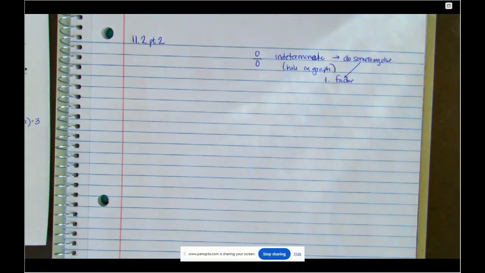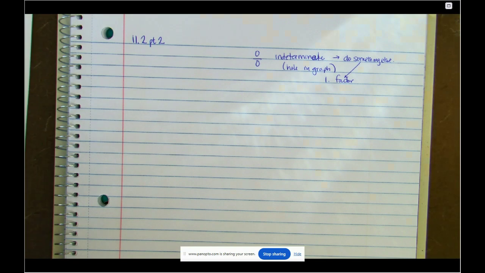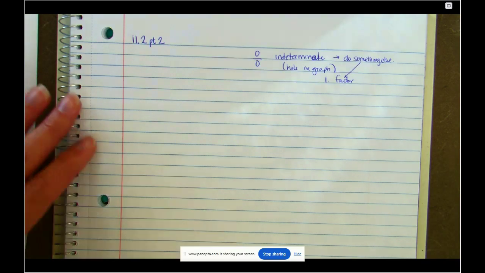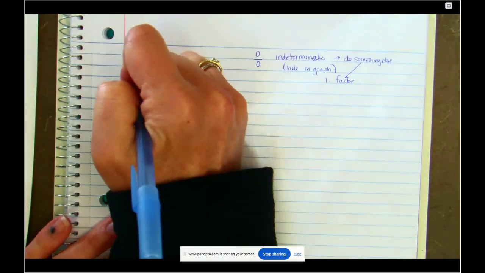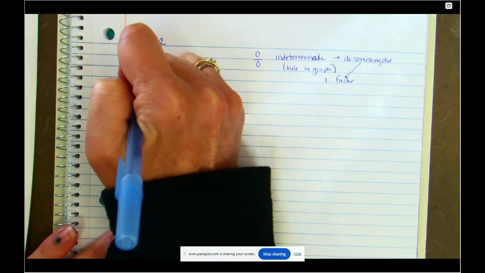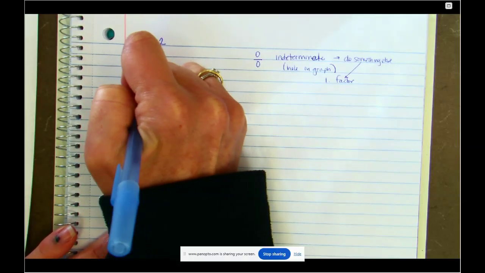All of them are going to be 0 over 0. That's the only indeterminate form we talk about right now. And they will always come out to be 0 over 0. And so we just have to come up with other ways to deal with them. So let's see. The next kind of indeterminate that we could find would be something like this.